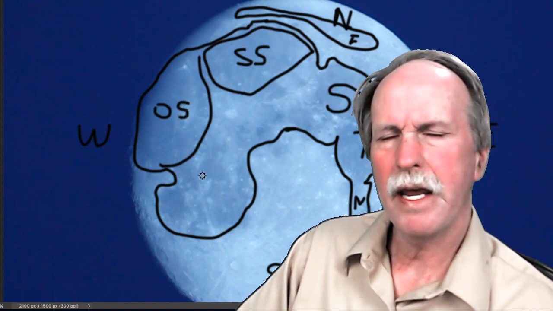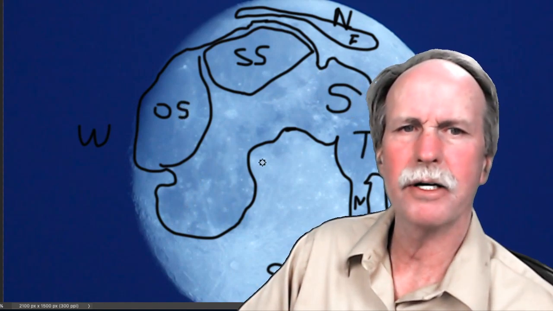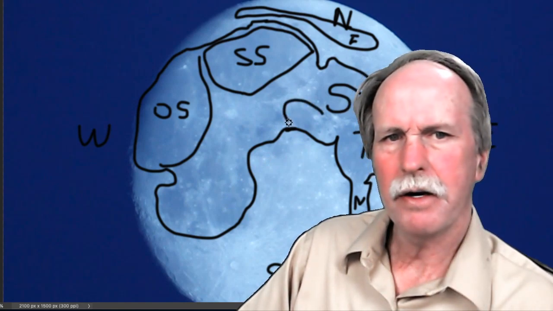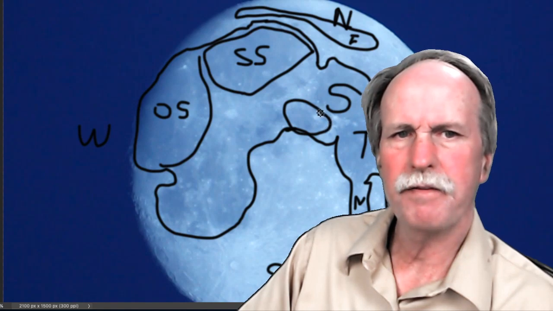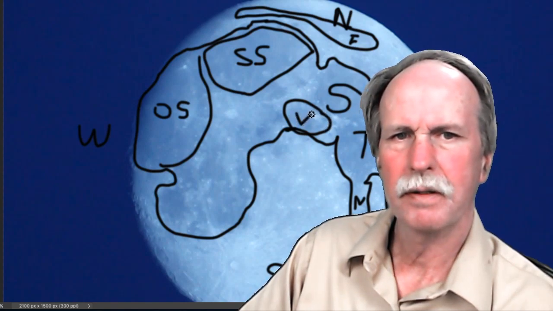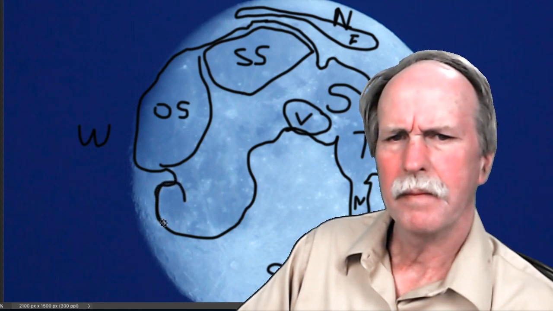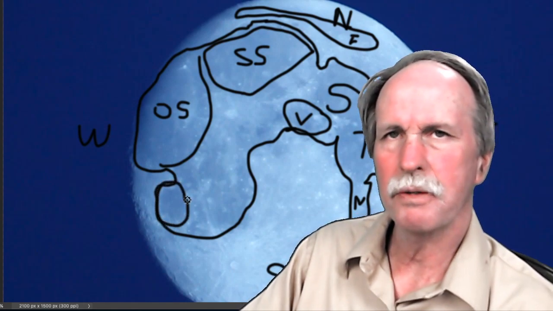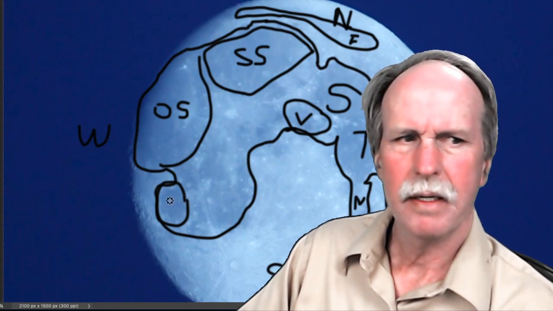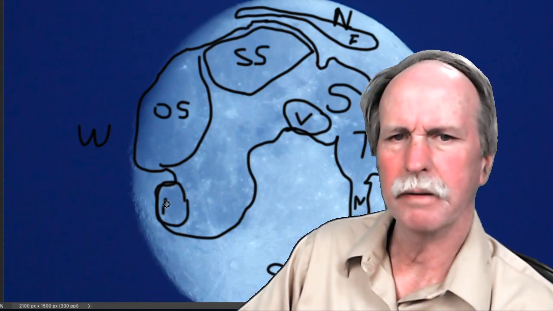Now in this area, we have a series of small or minor seas. And let me point them out for you real quick. This area in here is called the Sea of Vapors. Now this round area that kind of looks like the Sea of Crisis, which is behind my head, is known as the Sea of Moisture.